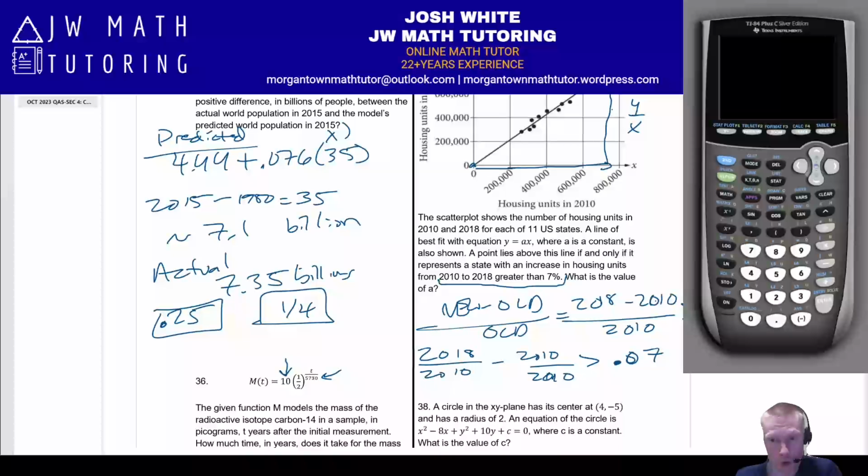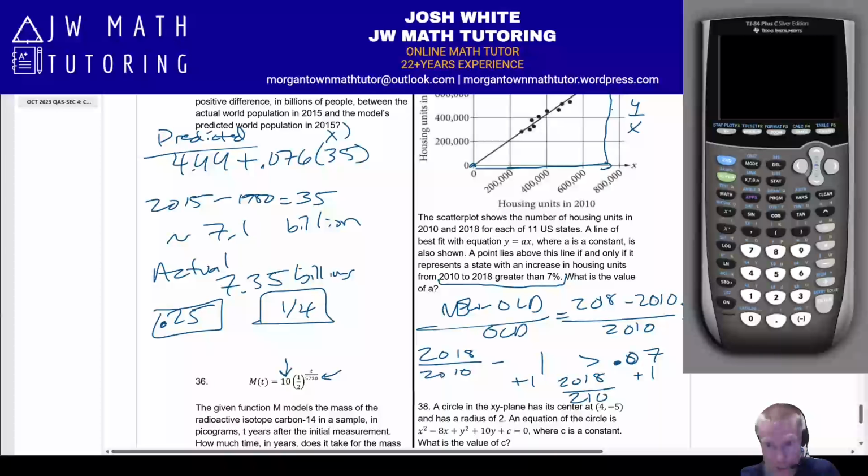Now, the 2010 over 2010 is just 1, because that's the same number over itself. So that simplifies to 1. Now you can add it to the other side. So what you end up with is the 2018 housing value over the 2010 housing value is greater than 1.07.